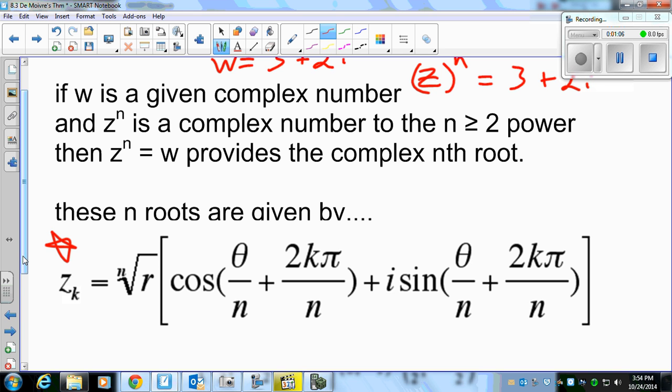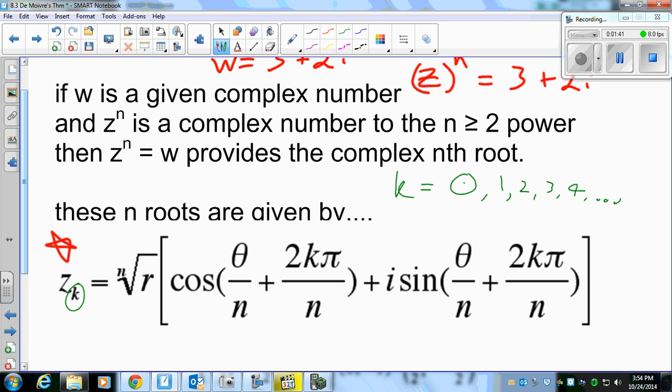And remember, when you have roots, you're always going to have n of them. You might have double roots and things like that. But in this context, when we're dealing with complex numbers, it fits around our unit circle really nicely. Notice we have a k value. We're going to let k be equal to integers, namely 0, 1, 2, 3, 4, and so on, depending on the number of roots we are trying to find.